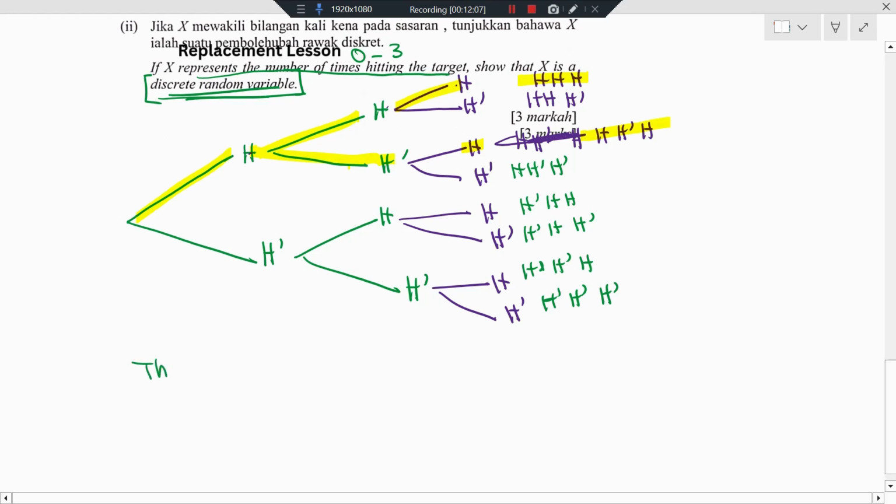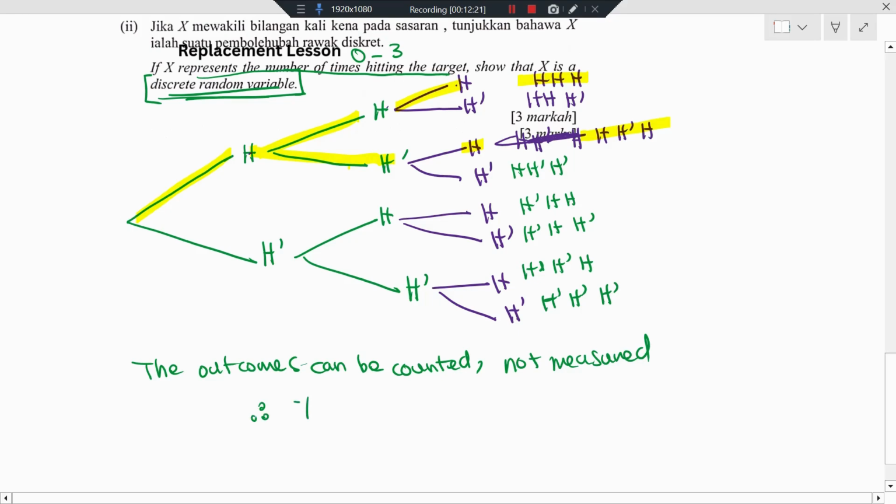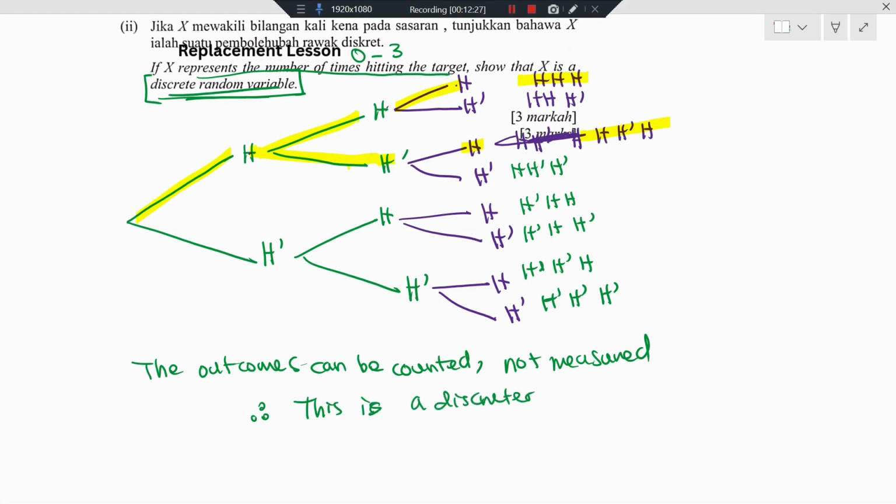So you need to write the outcomes can be counted, not measured. Therefore, this is a discrete random variable.